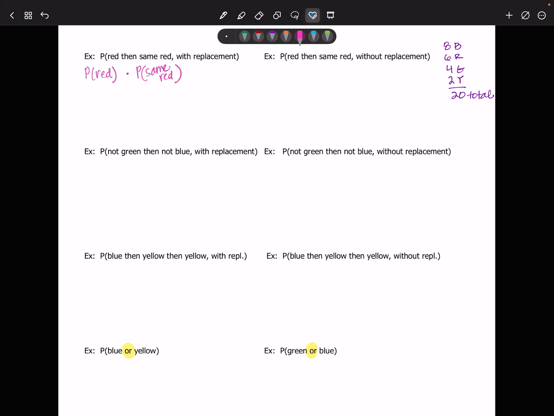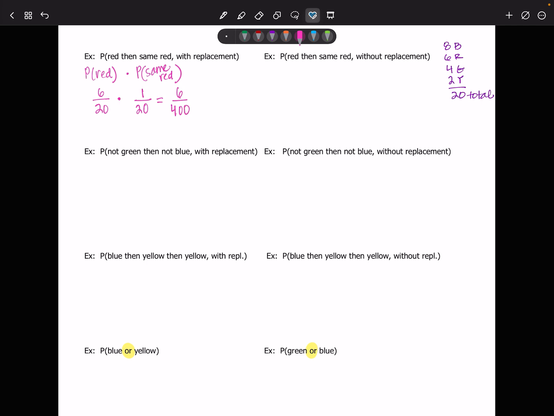So the red would be 6 out of 20. That same red, there's only one that is the same exact red. So that would be 1 out of 20. I'm going to multiply straight across, and I get 6 over 400.